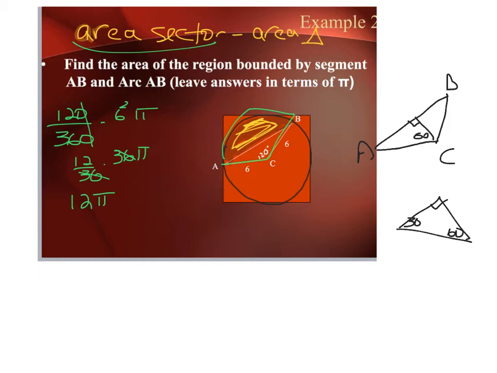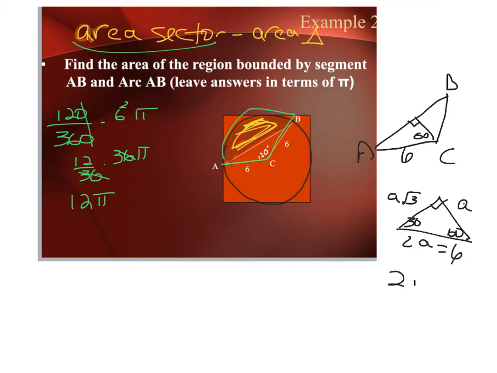So now we need to remember the rules for the special right triangle. Remember, opposite 30 is A, opposite 90 is 2A, and opposite 60 is A root 3. Now, I already know that my leg here is 6, so 2A equals 6.